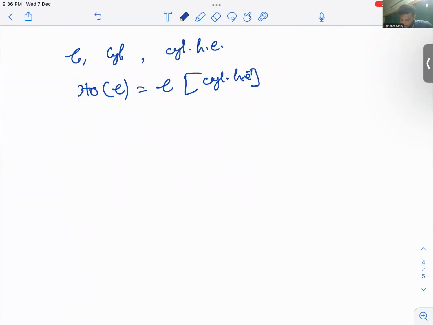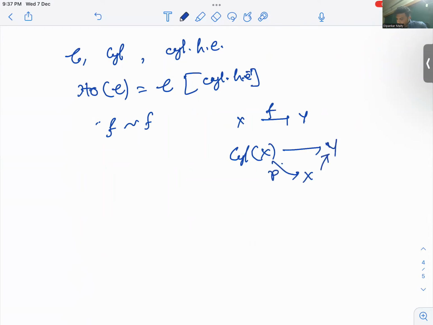Of course, this is reflexive. So f is homotopic to f. If you have a map f from X to Y, then this is homotopic to itself by the following map: from the cylinder on X to X, this is d, and then you take f, and as h you take f composed.